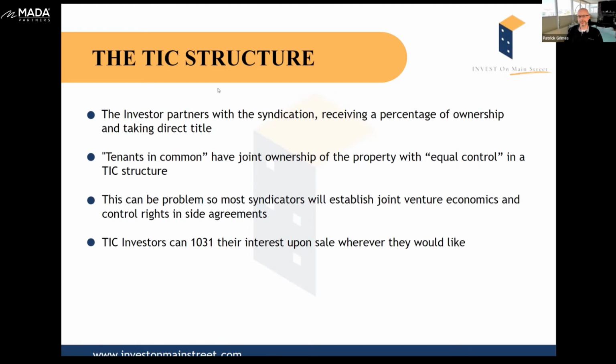But unlike in a limited partnership investment, if you're unhappy, you can trade into another tenants in common wherever you want or cash out at your own discretion. You have real interest in real property, and you can get your own qualified intermediary and take it where you like. That's a benefit, right?